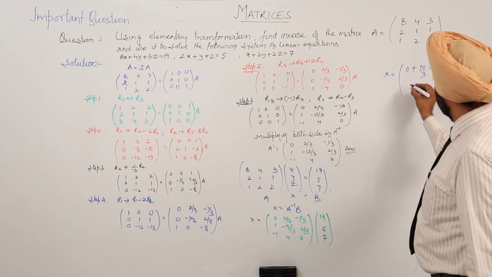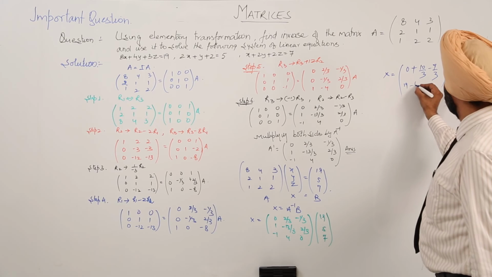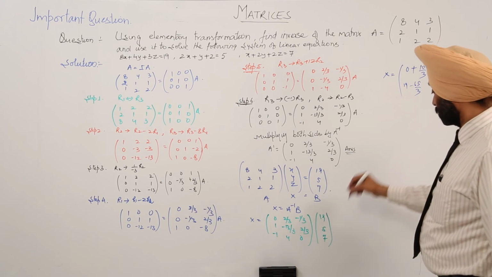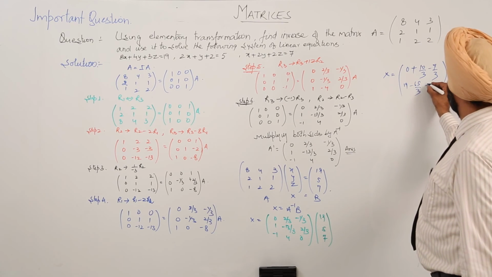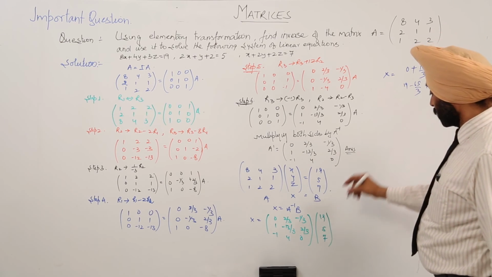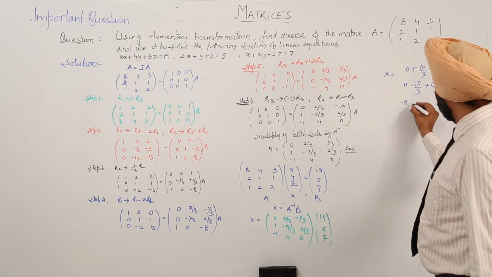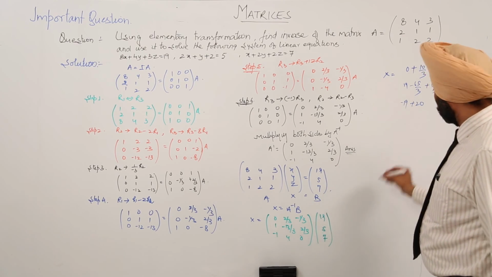Then 19 minus 65 by 3 plus 14 by 3. And lastly we are having minus 19 plus 20 plus 0.